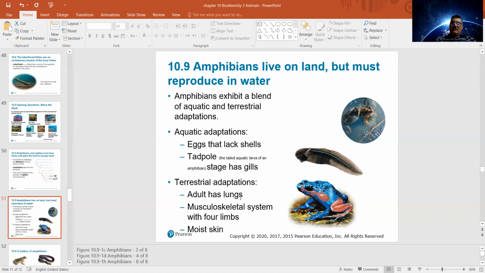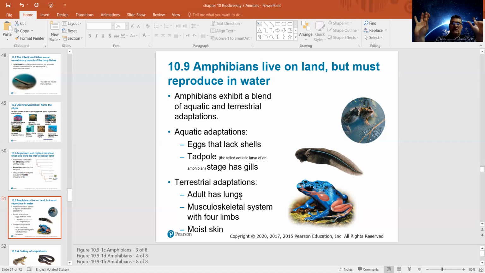The larva is called a tadpole. The tadpole is tailed, generally an aquatic larva. And this stage of their life has gills. So whether they don't have shells or they have gills, both of those are aquatic adaptations. This is for those two stages, eggs and larva.